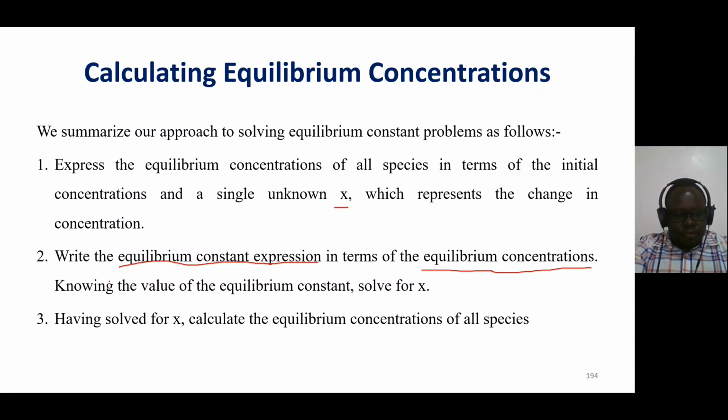So here, knowing the value of the equilibrium constant, you can solve for X. And once you have solved for X, then you can calculate the equilibrium concentrations of all the species in the given reaction.